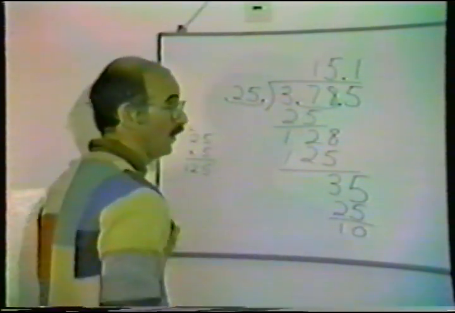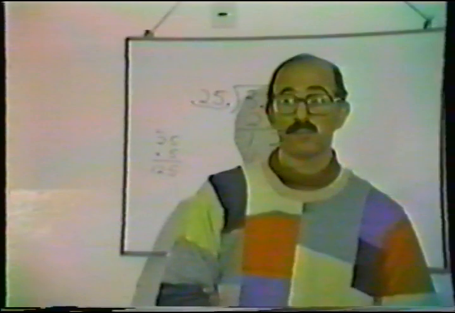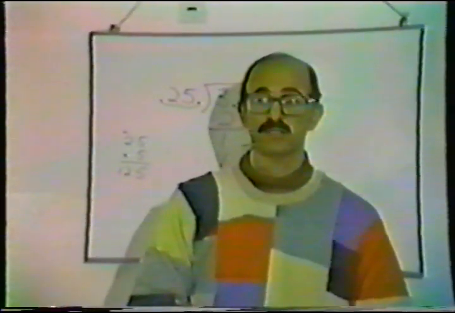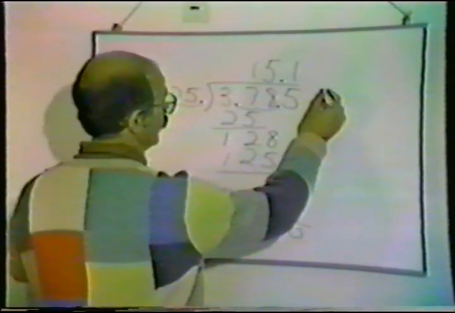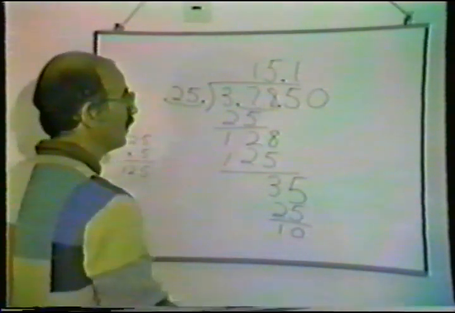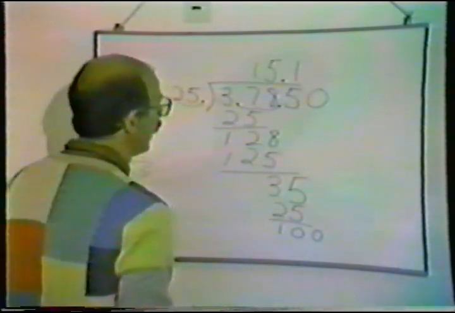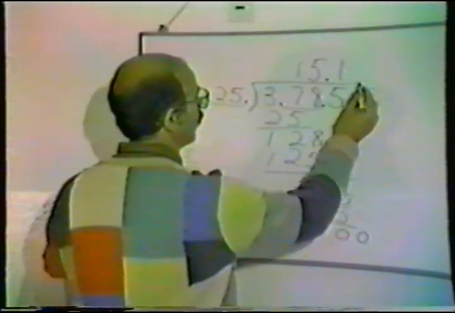1. Well, it looks like we have a remainder, but we would not like to have a remainder, and so what we're going to do is add a 0, which we're allowed to do on this side of a decimal number, and bring it down. Now we have 25 into 100.